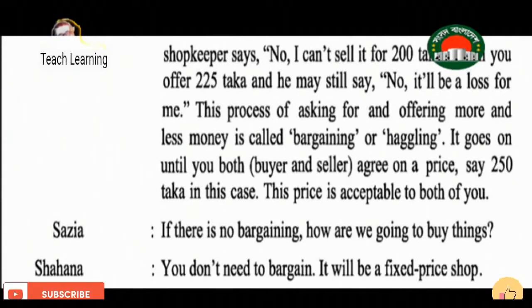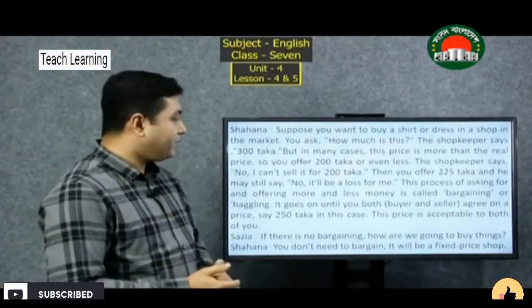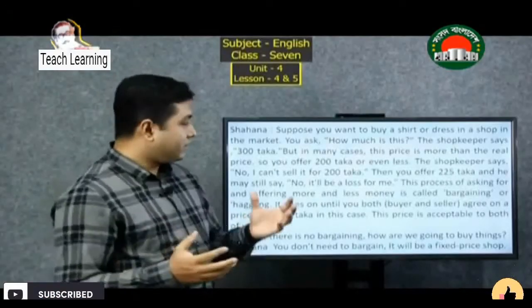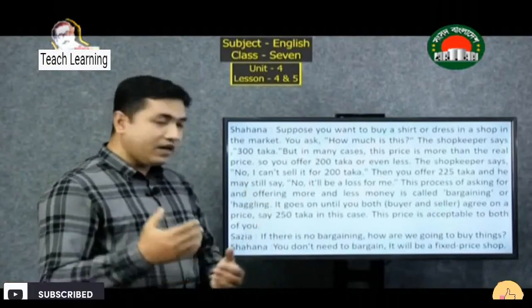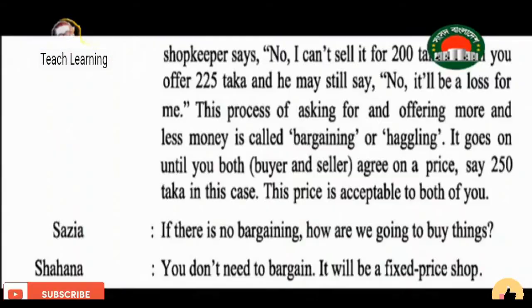The process of asking and offering more or less money is called bargaining or haggling.